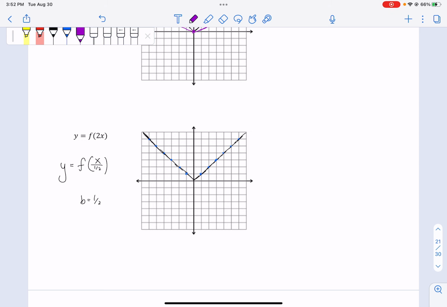This is 2. 2 times half is 1. This is 4. 4 times half is 2. This is 6. 6 times half is 3. And we do the same thing for here, here, and here. 0 is still 0, so it looks somewhat like this.